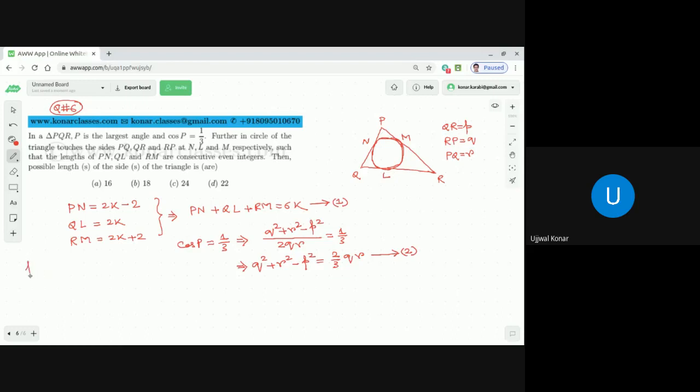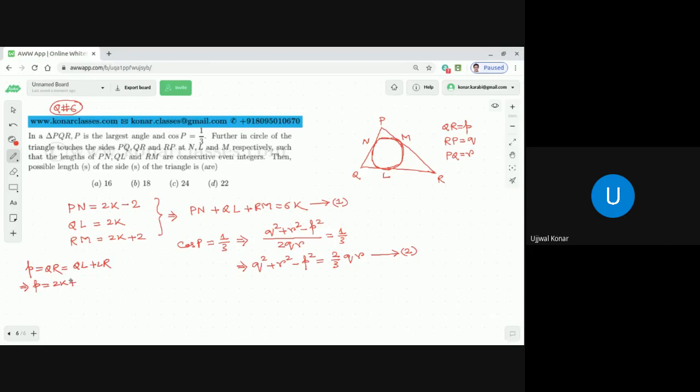If you see, P is equal to QR, and QR is nothing but QL plus LR. QL is already found, dear students, so from here we can find the value of P is equal to QL. QL is equal to 2K.